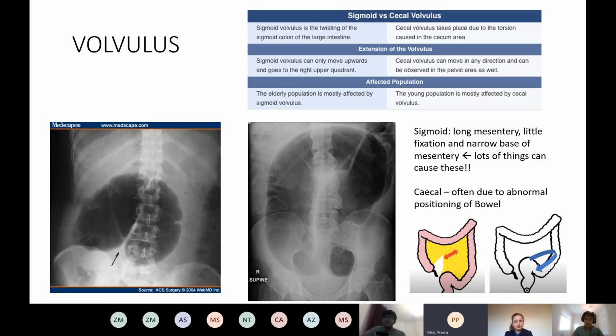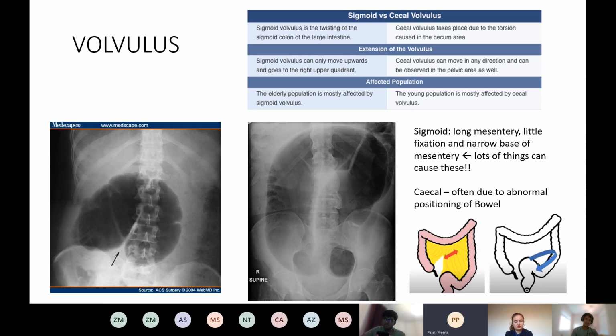Okay, so the next thing that is quite common that I want you guys to take home from today is volvulus. If you don't know what volvulus is, don't worry, I didn't. There's two main types, and basically all it means is that the bowel twists on itself and then you get obstructed. There's two very common ones, and it happens either in the sigmoid or in the cecum.